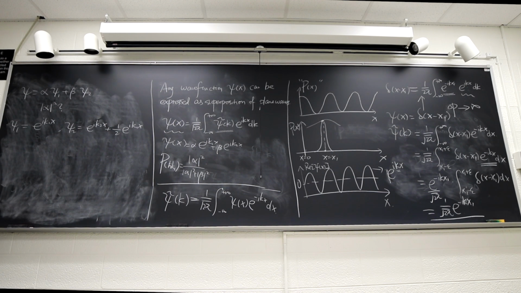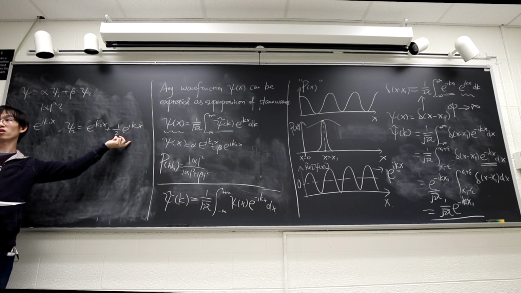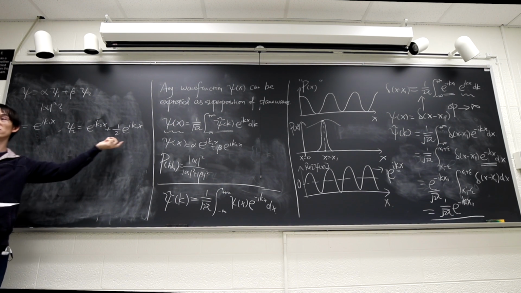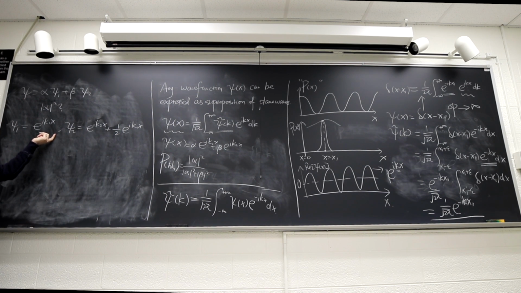When you measure this wave function, you're also measuring some part of the second wave function because they have some part overlapping with each other. So when you want to measure this wave function, you also take in this part.